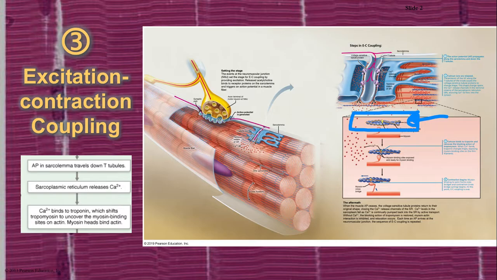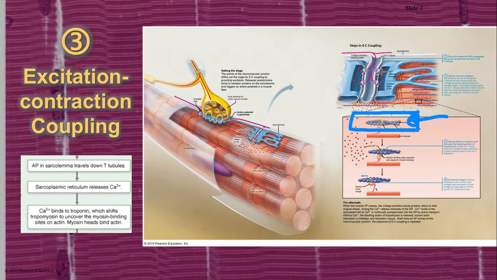That action potential travels through the T-tubules, and right beside the T-tubules are the terminal cisternae of the sarcoplasmic reticulum, big sacs of the SR. On the SR are voltage-gated calcium channels. When the action potential gets there, what opens? Calcium channels.